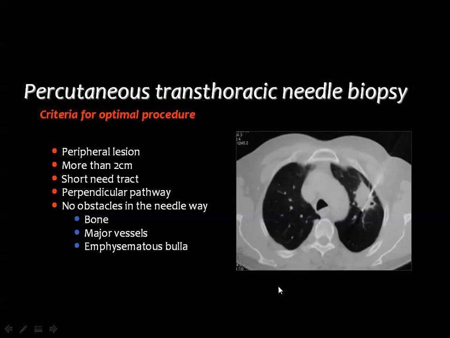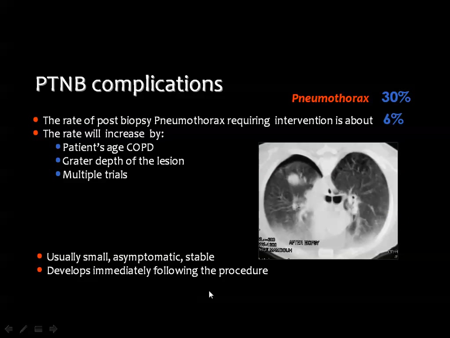Then the criteria of optimal procedure is the presence of a peripherally located lesion, and the lesion may be, if it is more than 2 centimeters in diameter and there is a very short track between the lesion and the chest wall, and if you have a perpendicular pathway, this is good, but you should avoid it if there are obstacles like bone or major vessel or emphysematous bulla.